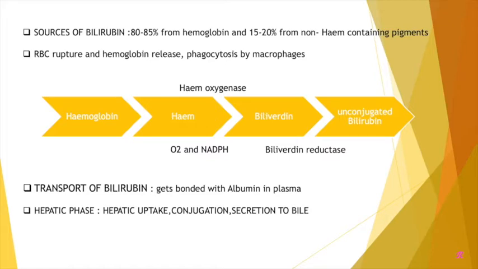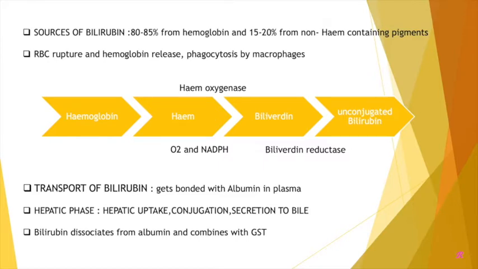I told you earlier that many processes take place inside the liver. The first thing that happens is that bilirubin will dissociate from albumin. It doesn't want albumin anymore, but it can't stand alone either. So it will combine with a cytoplasmic protein called GST.